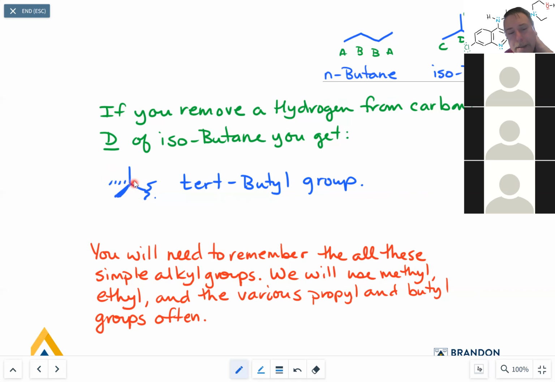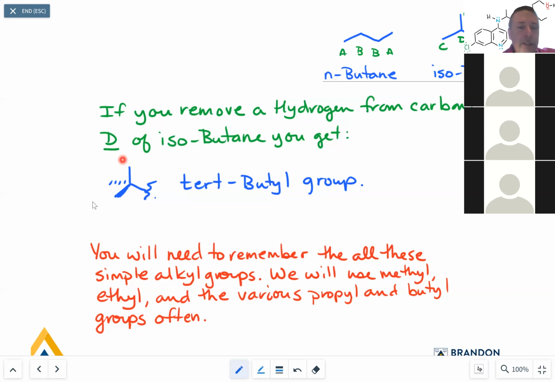Because molecules move around, right? When it's provided some energy, the bonds can wiggle and jiggle, and then they can go through different changes. In the next class, we'll talk about some conformational changes that molecules can go through. But this group's so big, it basically prevents a lot of those sort of things from happening.